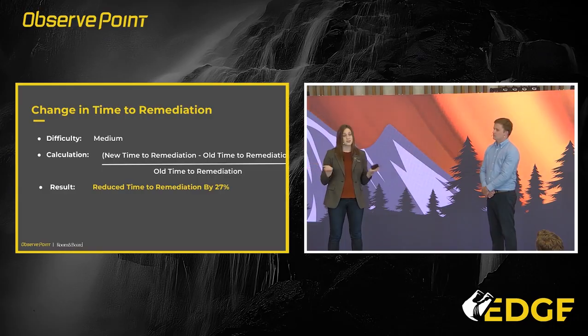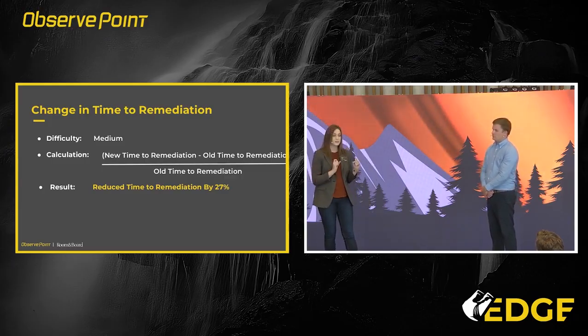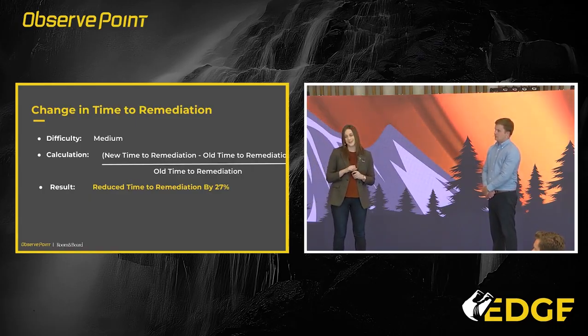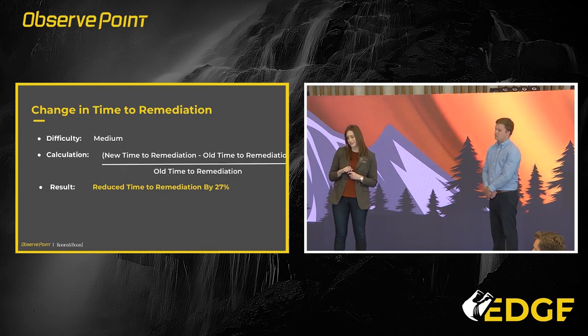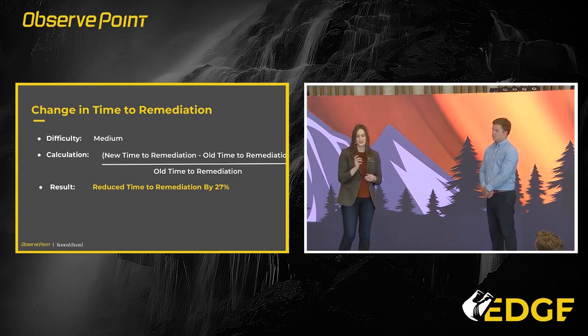And then just determine what the delta between those two is. With ObservePoint, how much quicker did we get, right? So our time to remediation has been reduced by 27% since we onboarded ObservePoint, which doesn't sound like a lot on paper, but I am about to tell you what that 27% translates to, which gets to be the cool numbers.